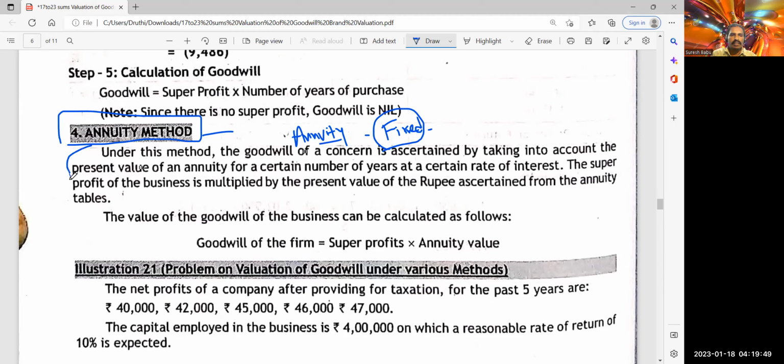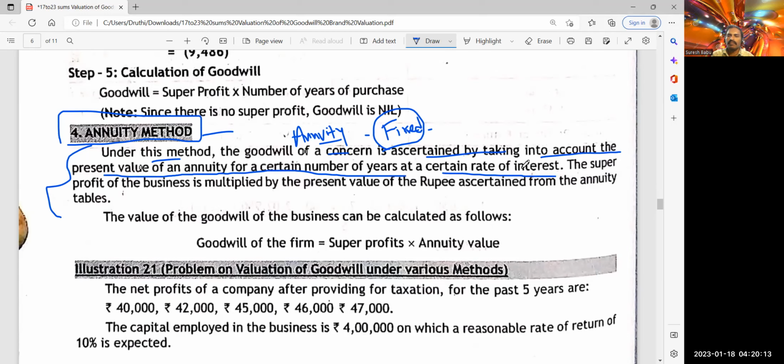So let us see what is annuity here. Under this method, the goodwill of a concern is ascertained by taking the present value of an annuity for a certain number of years at a certain rate of interest.